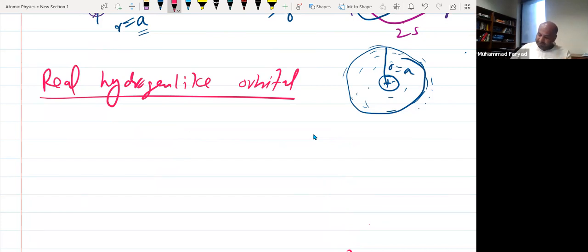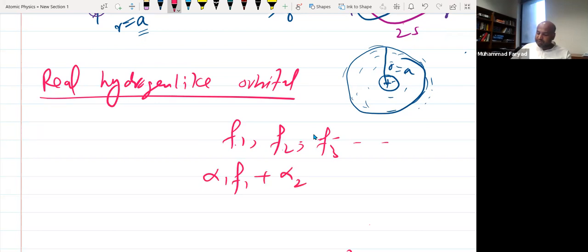And the reason is this: we already know that if we have some functions f1, f2, etc., which are eigenfunctions of some operator, which are solutions of some differential equation, then any linear combination would also be a solution of the same differential equation.